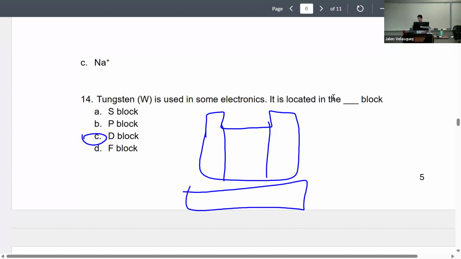So your main group, this is the S block, P block, D block, F block. What the block tells you is in what subshell the electron configuration is going to terminate. Remember that? Questions on number 14 there?